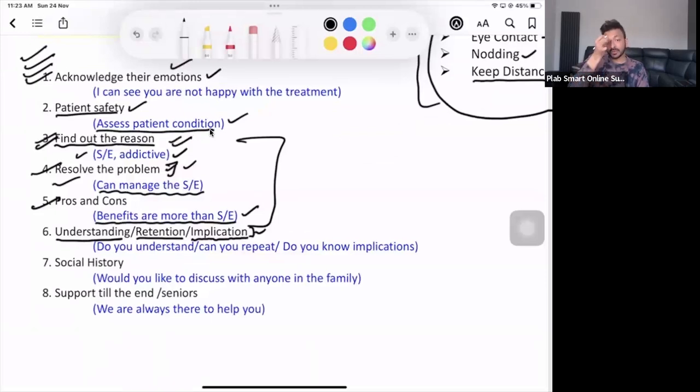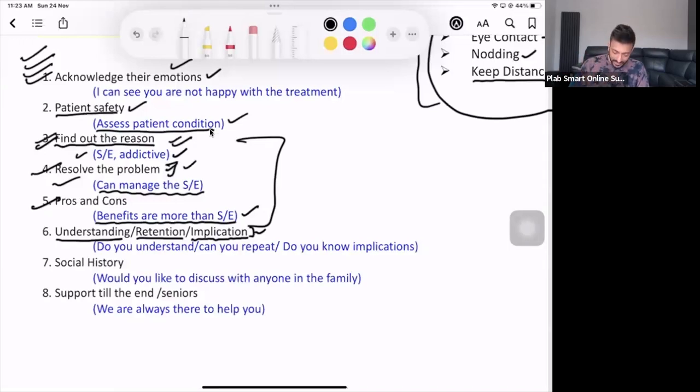So for example, we were giving heart medications to our patient: aspirin, clopidogrel, ramipril, bisoprolol, statins, diuretics. The patient was getting these medications, and the patient is saying, I do not want to take these medications anymore.